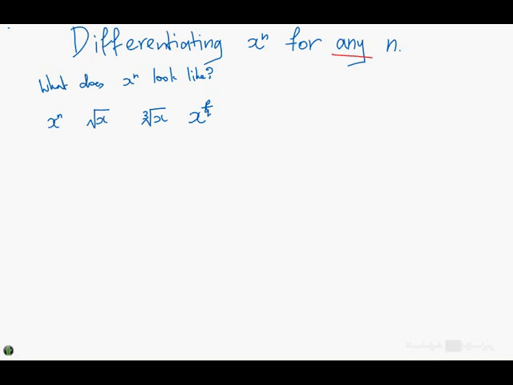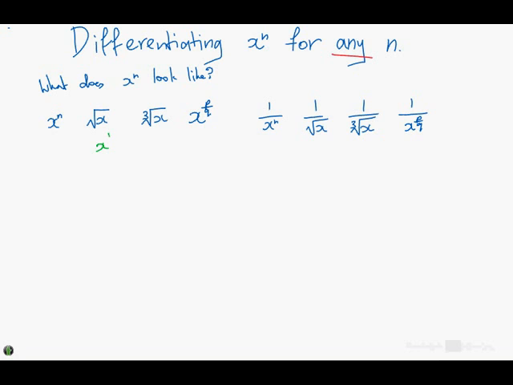It could also look like that. Could look like this. Could look like that. And it could even look like that. They're all x to the power of n, right? So very quickly, just to go through what they are.